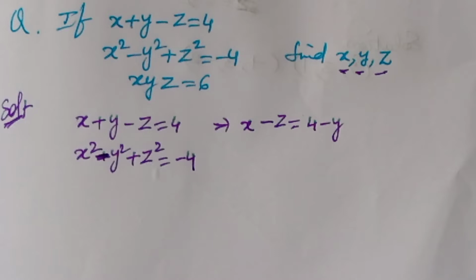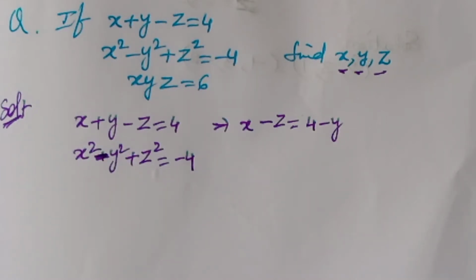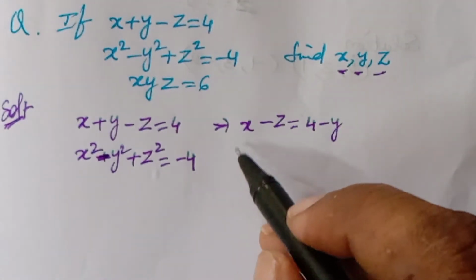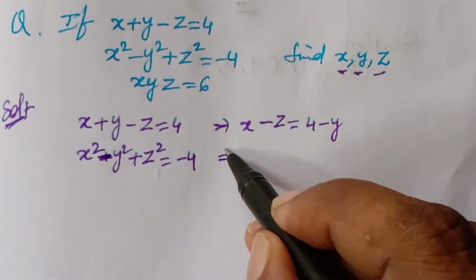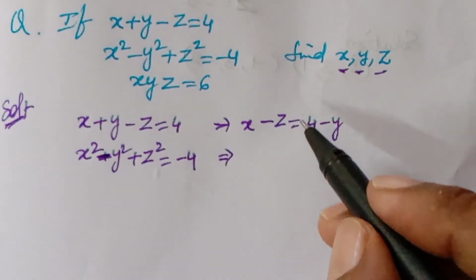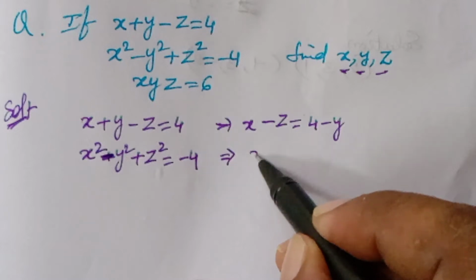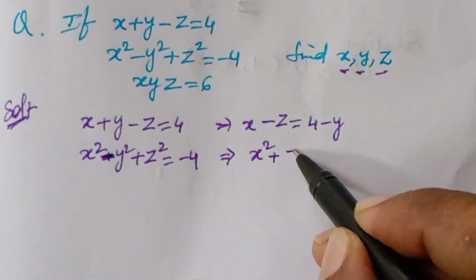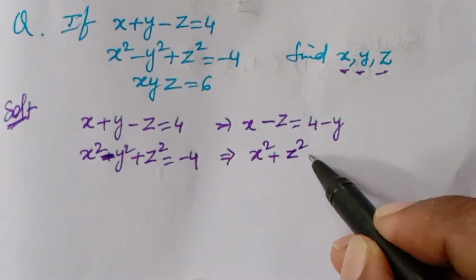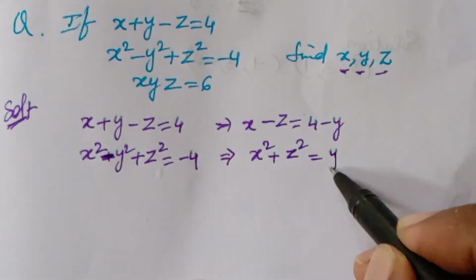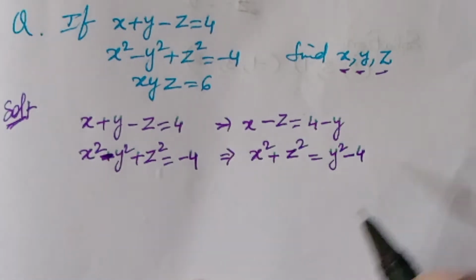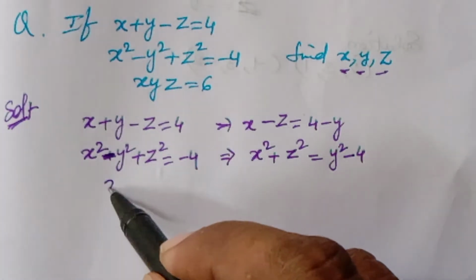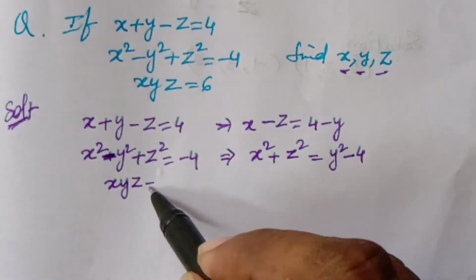Like this, so many problems are given on how to find the value of x, y, z. This is nearly the 10th model. Before this we uploaded up to 9 models. So here also x square plus z square is equal to y square minus 4. Now here xyz is given as 6.